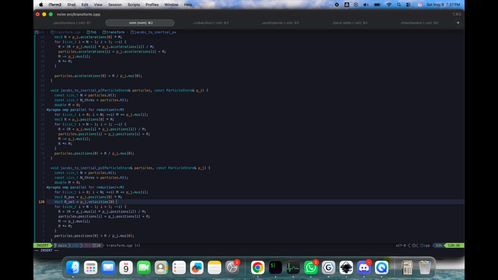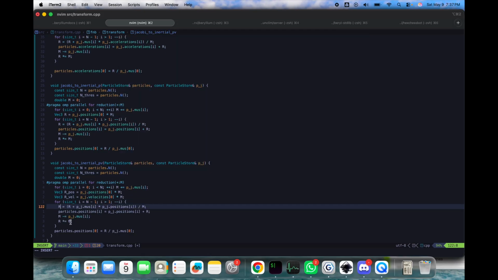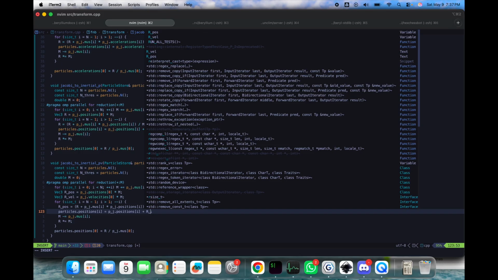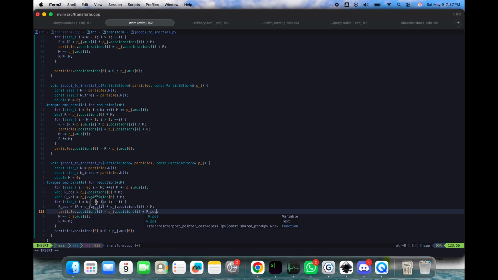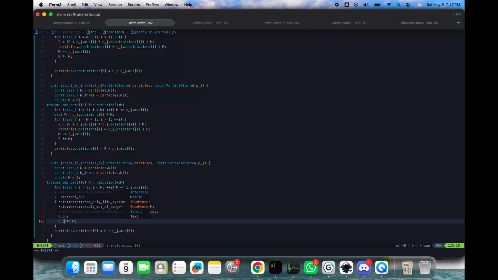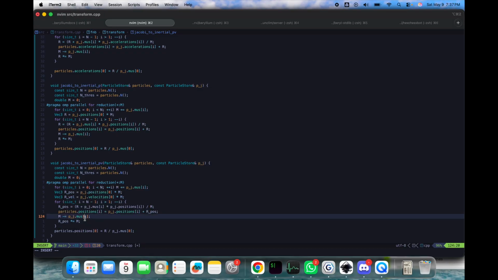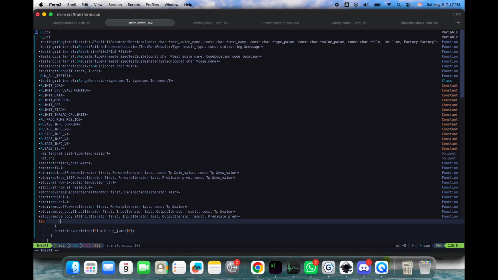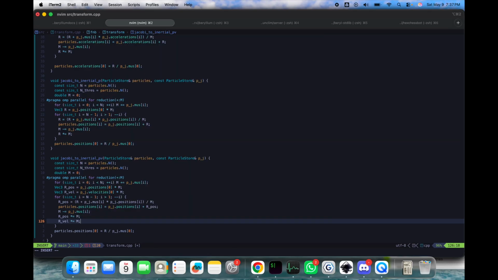Velocity is index 0 times m. R pos. R pos. R pos. R vel times equals m.